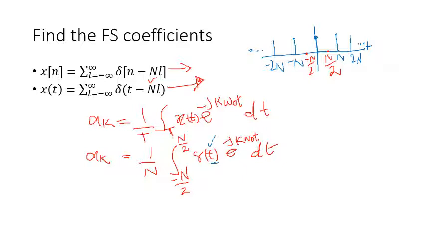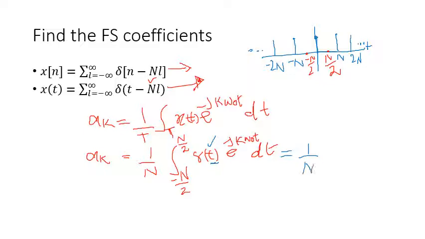At that point it has non-zero value, so it will be 1. When t is 0, I put 0 here and it becomes e^0, and e^0 is 1. So I get this equal to 1 by N.